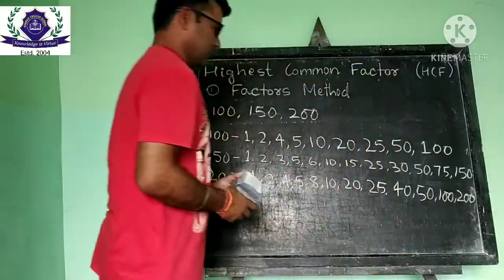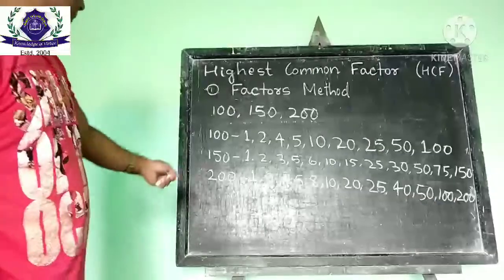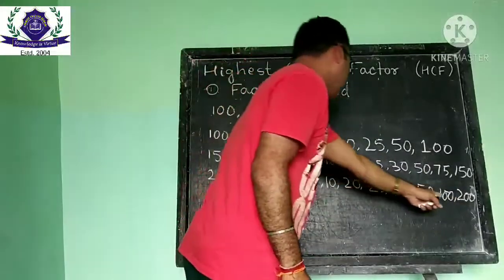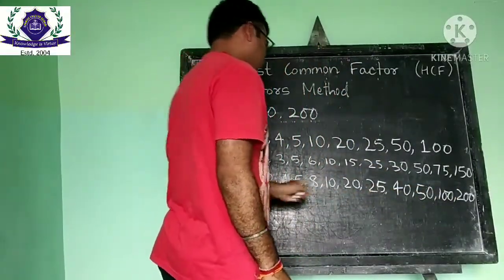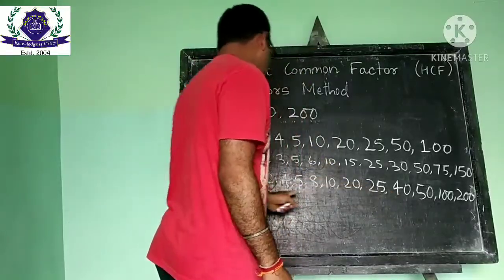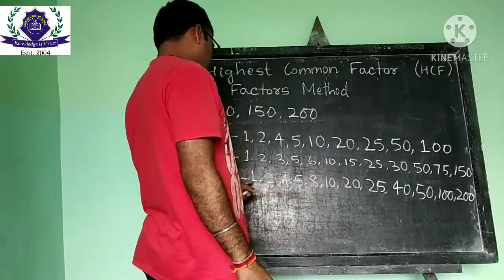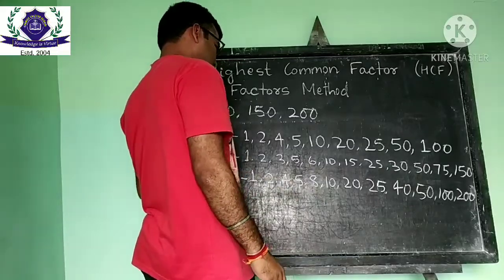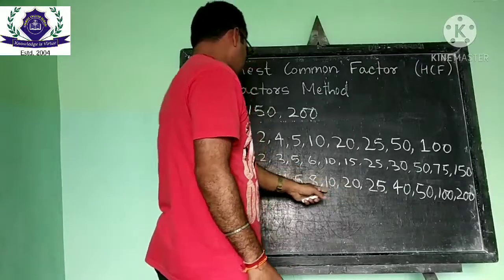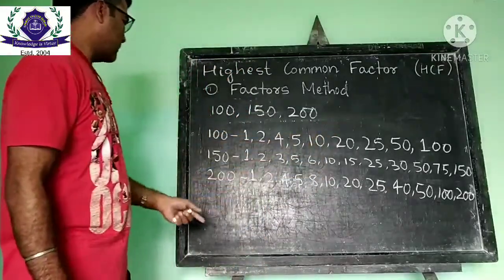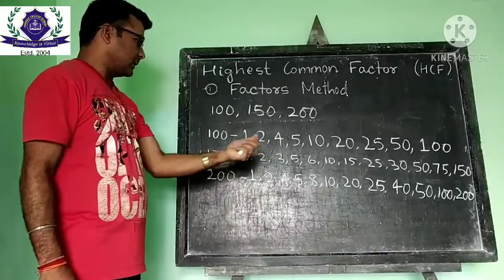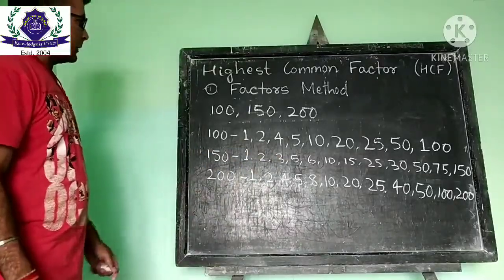All these numbers divide 200 exactly, leaving no remainder.